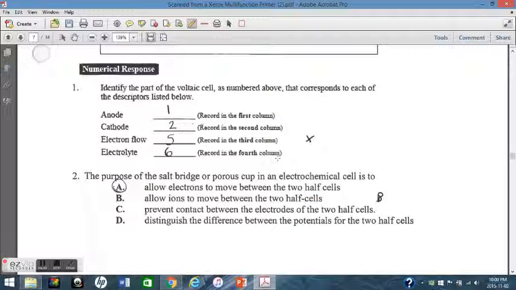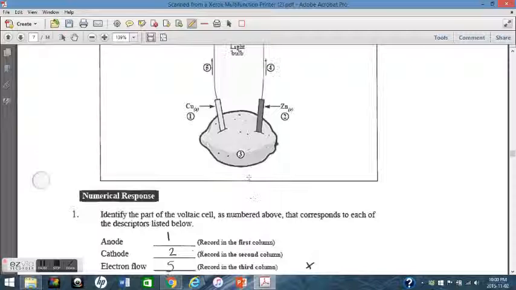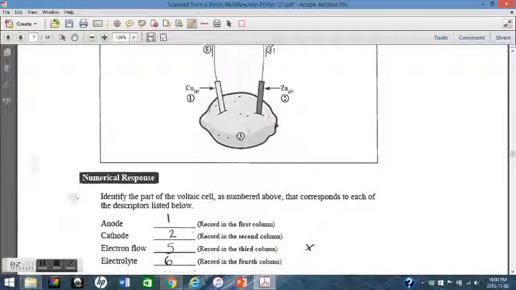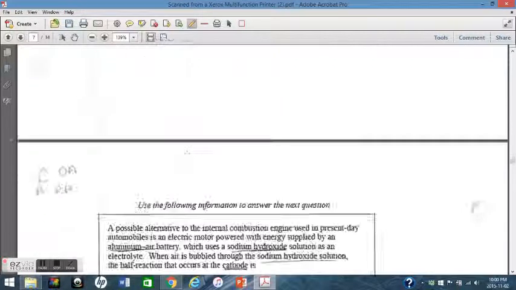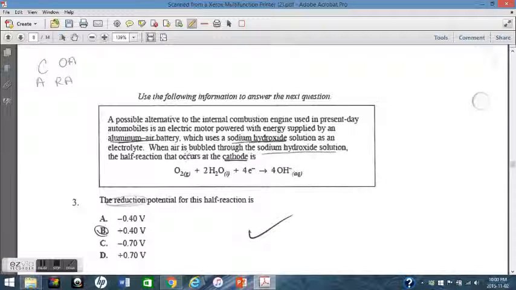Okay, so check your definitions here for number 1. There's a couple I noticed with the salt bridge or porous cup where in both cases you said that it's allowing electrons to move. It's actually allowing ions to move. So in this case, I'll leave that alone for this question, sorry.